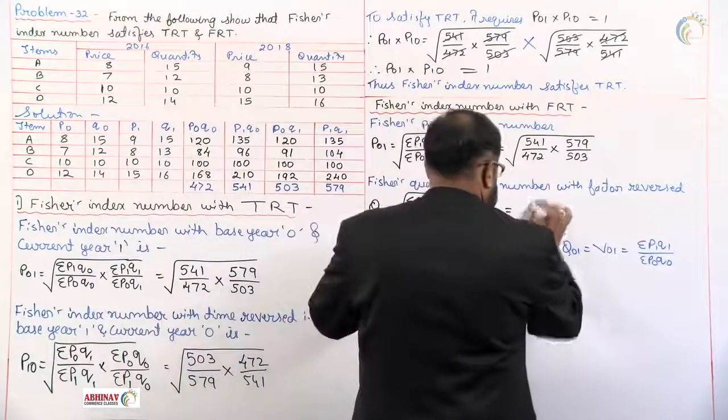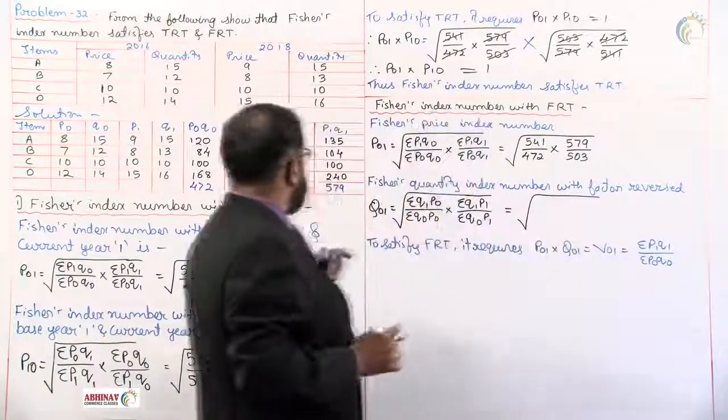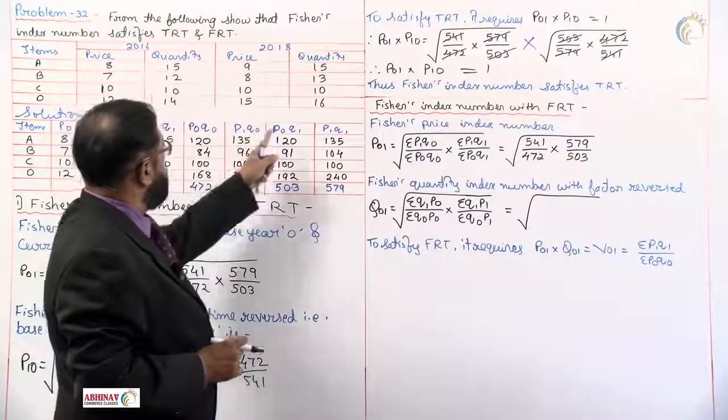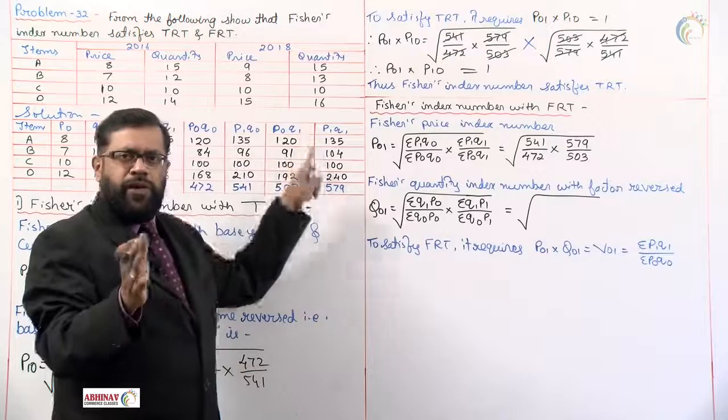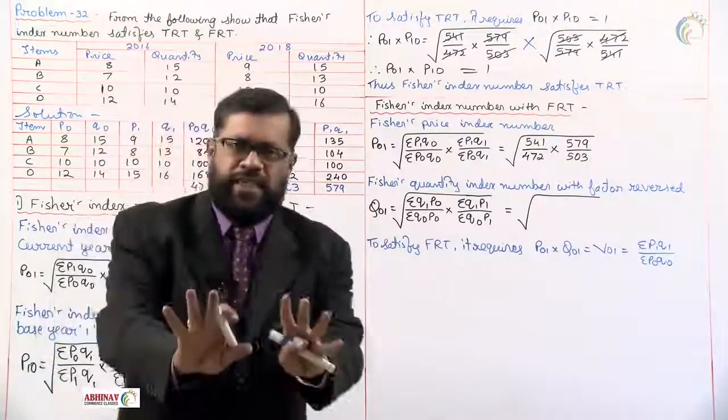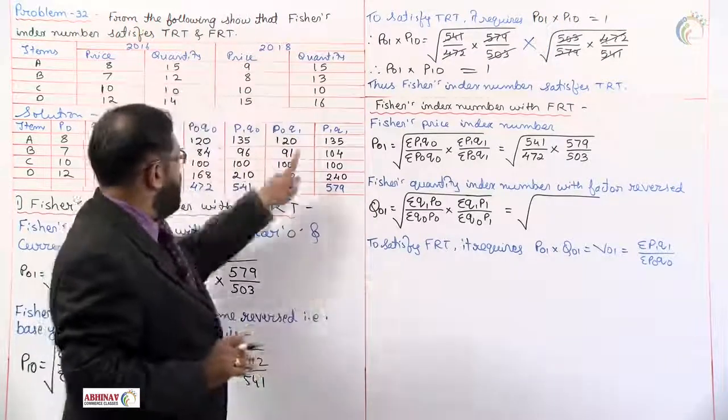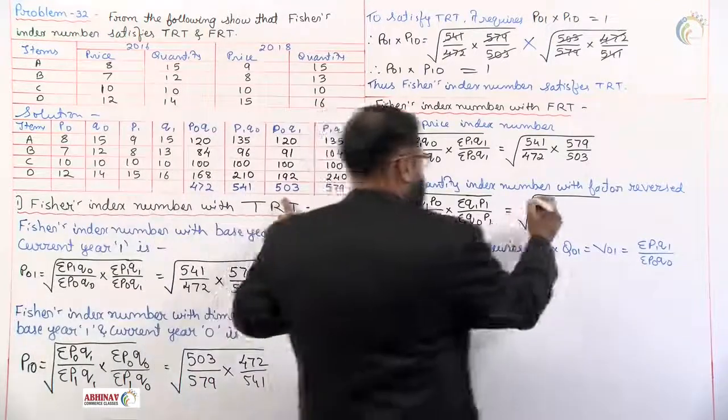Now we'll substitute the values. Root of Q1 P0. See, where is Q1 P0? Q1 P0 or P0 Q1, 2 into 3 or 3 into 2, the answer is the same. So Q1 P0, what is the summation? 503.